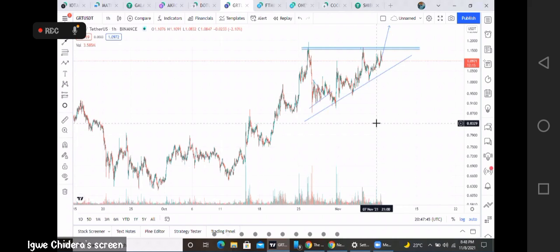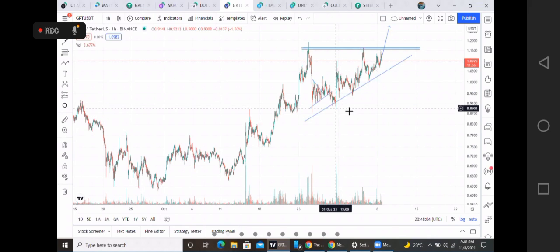Not even a question, but something I noticed in this triangle you've been teaching us for some time now, sir. I realized that the triangle is either in the form of lower highs to the support, or higher lows to the resistance, sir.